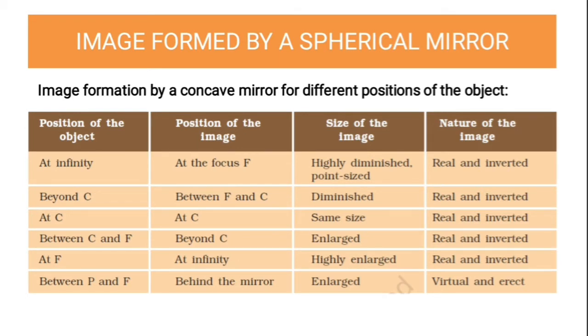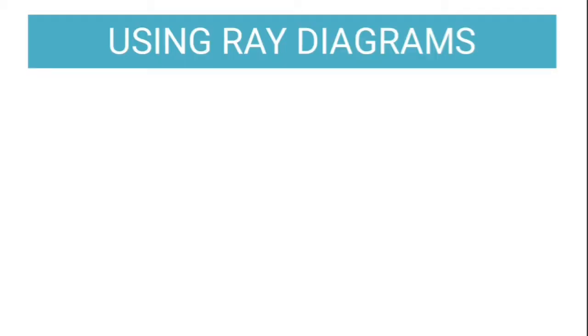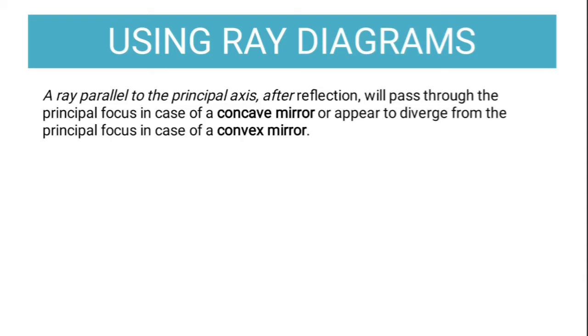Now we will see some ray diagrams that will explain us the rule of following the rays. A ray parallel to principal axis after reflection will pass through the principal focus in case of concave mirror, or appear to diverge from the principal focus in case of convex mirror. In other words, when it is concave mirror, the ray of light passes through the focus when the ray of light is parallel to the principal axis before reflection.